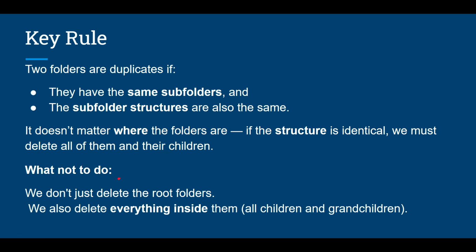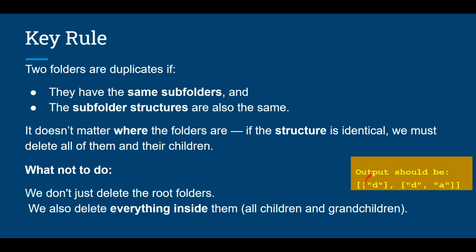What not to do? We don't just delete the root folders, we also delete everything inside them, all children and grandchildren. So our output is /D and /D/A, and we will put it like this.